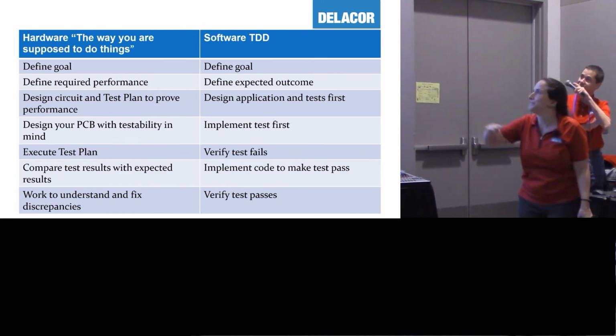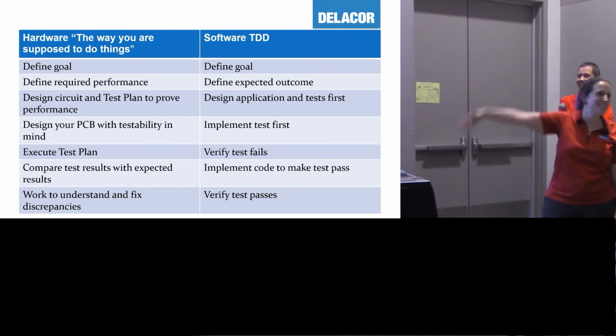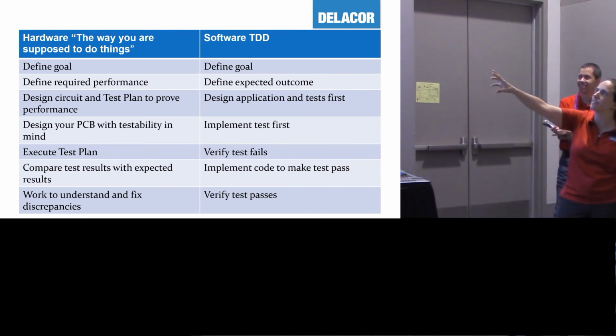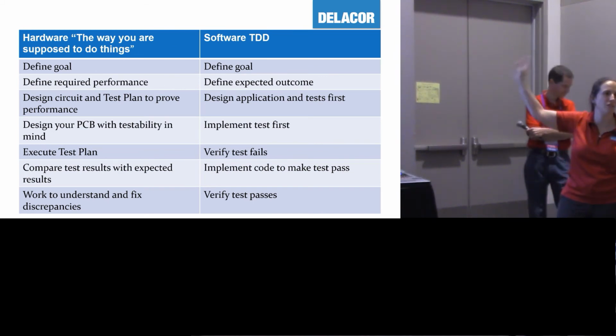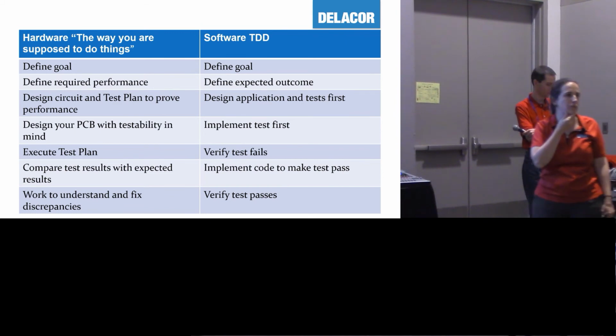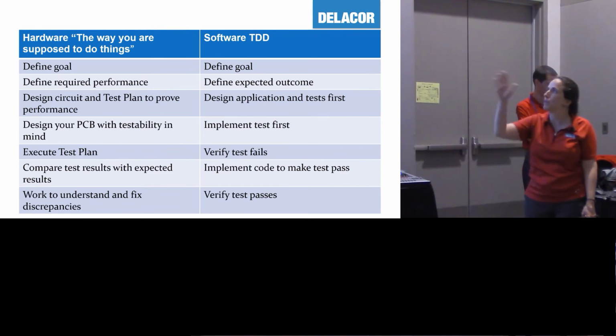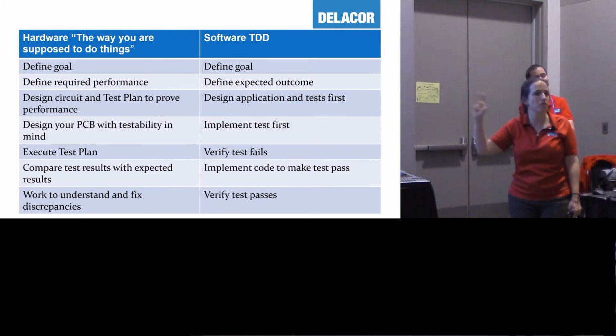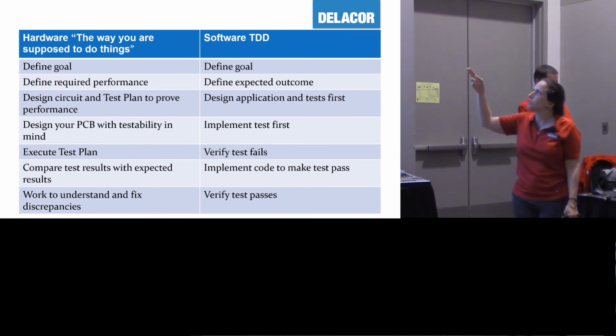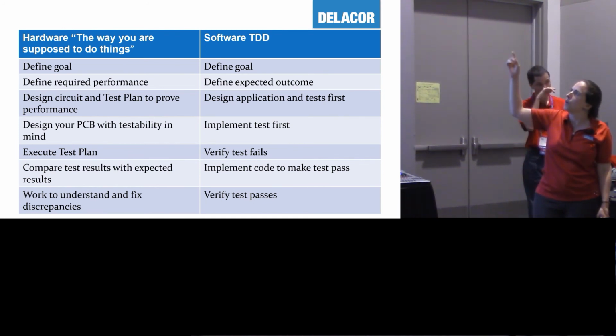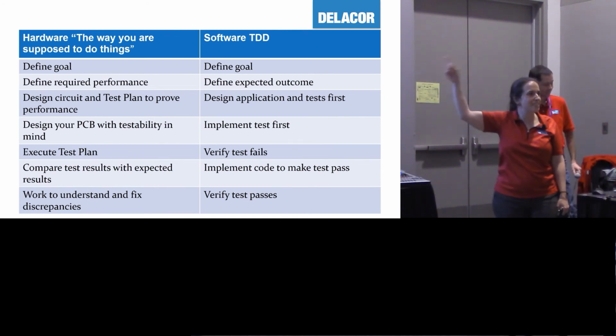Yeah, all right. So what we did is I put in one column all the things that hardware guys do, and then in the other one, what's the equivalent in software test-driven development. I think the important thing is that on both sides, we define a goal. On the software side, we define the expected outcome. We design an application and test first.